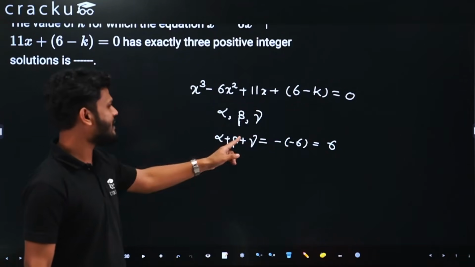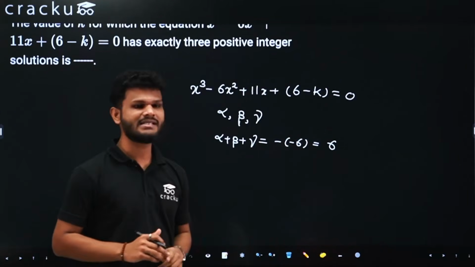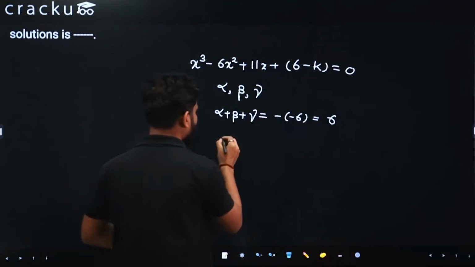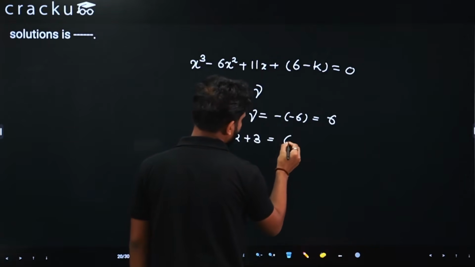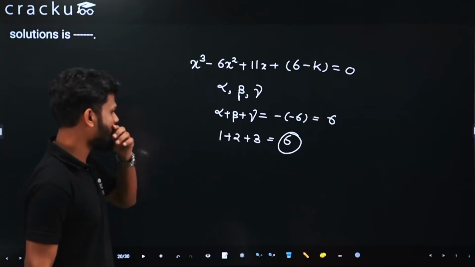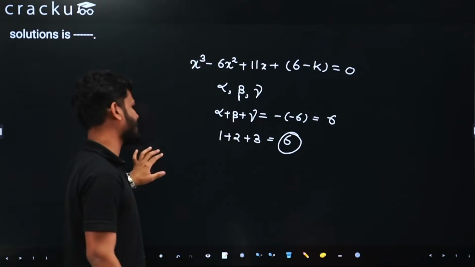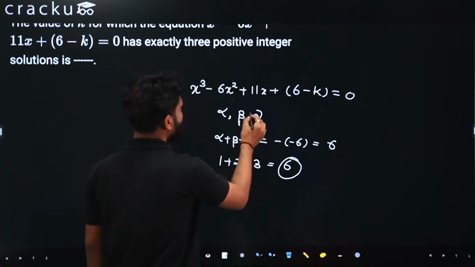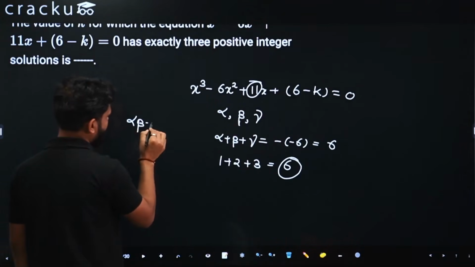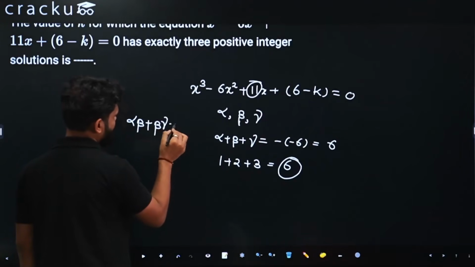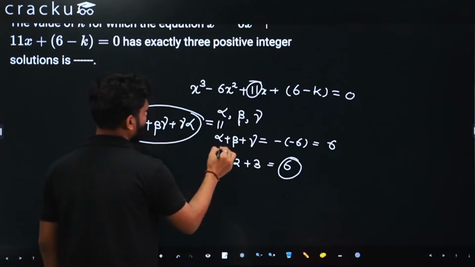Now when alpha, beta, gamma are positive integers and they equal 6, there is only one possibility, that 1 plus 2 plus 3 is equal to 6. Now you can say, sir, 2 plus 2 plus 2 can also be 6. Let us check that thing. It won't be, because we have to check this also. This is alpha beta plus beta gamma plus gamma alpha, and it is equal to 11.